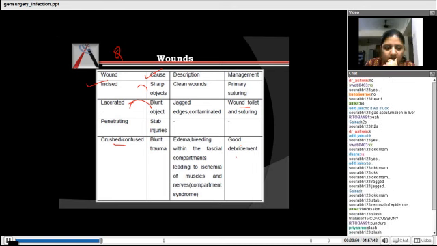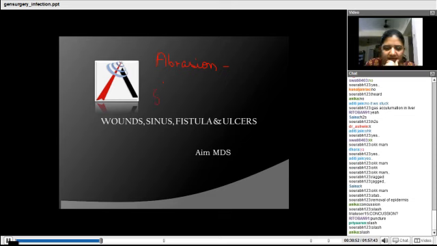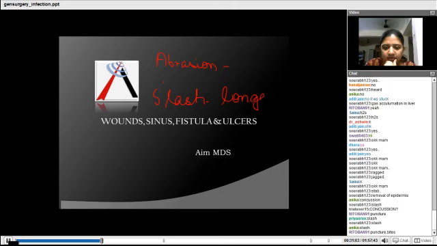Slash wounds. Yeah, okay. Slash, it's actually not a type of wound. The only thing you need to understand about slash is it's going to be longer in length and less in width. It's not going to be deep. A stab wound is going to be deep.